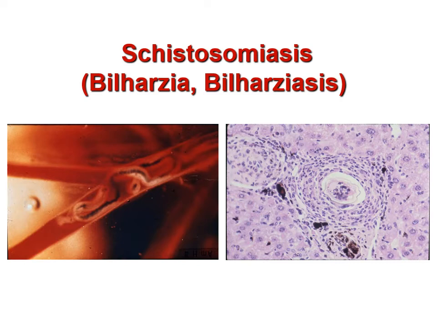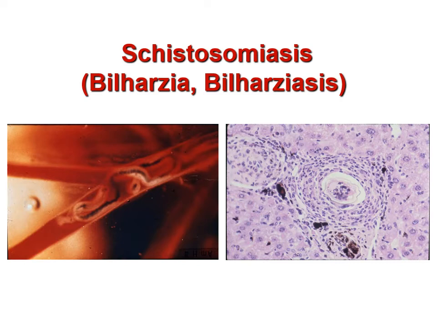These are the adult schistosomes in the vascular system. To your right, you can see a huge granuloma. The white circle with the dark central part is an egg surrounded by what is known as a granuloma.